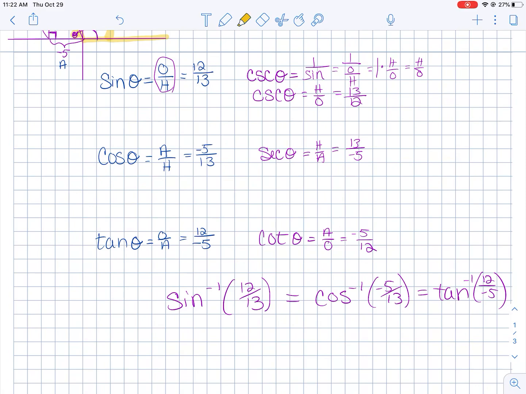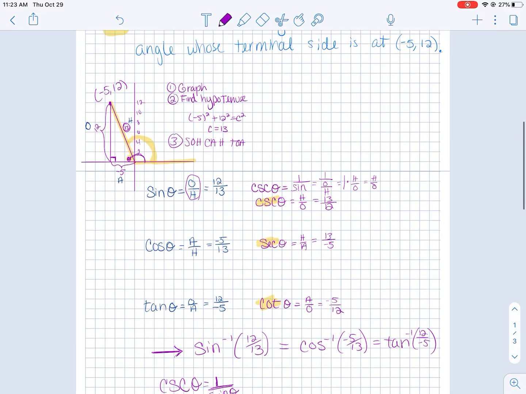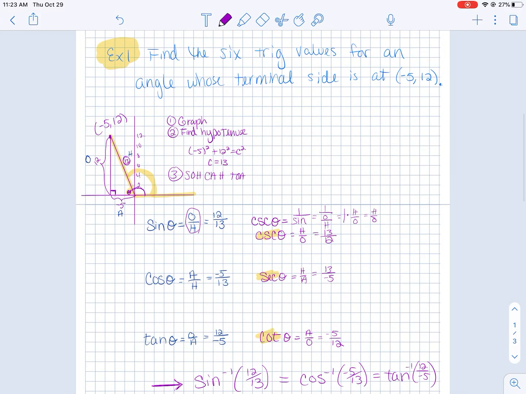There aren't inverse functions on your calculator for cosecant, secant, and cotangent. To do those, for cosecant of theta, you'd have to do 1 divided by the sine of theta, which is really just more trouble than it's worth. So for actual calculation purposes, stick with your sine, cosine, and tangent, okay? And that's how you would find the 6 trig values for a point on the terminal side of an angle.